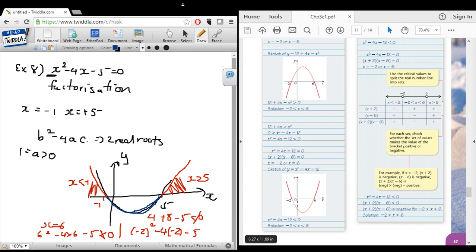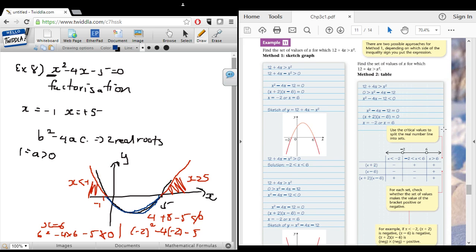However, that doesn't matter because here we're not worried about the y, we're worried about the x. So you have minus 2 and 6, and the inequalities are the same here. And on method 2, it says find the set of values of x for which this is the case.